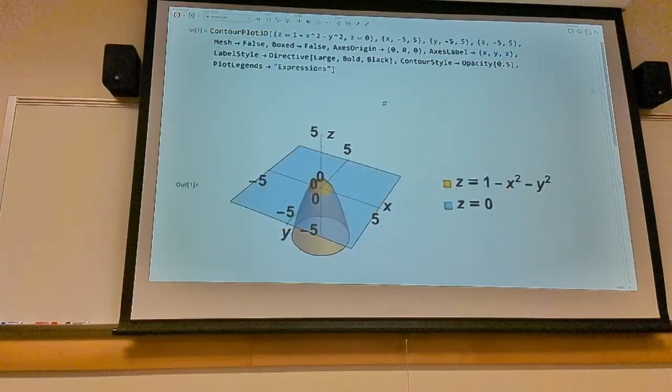Okay, that's definitely not as large as I wanted it. It's bigger than I was expecting. That's better.